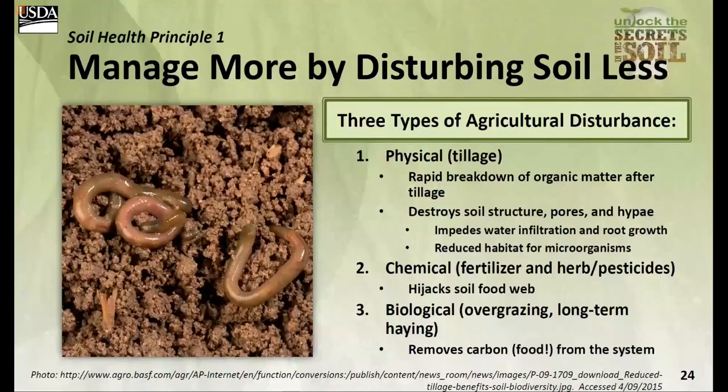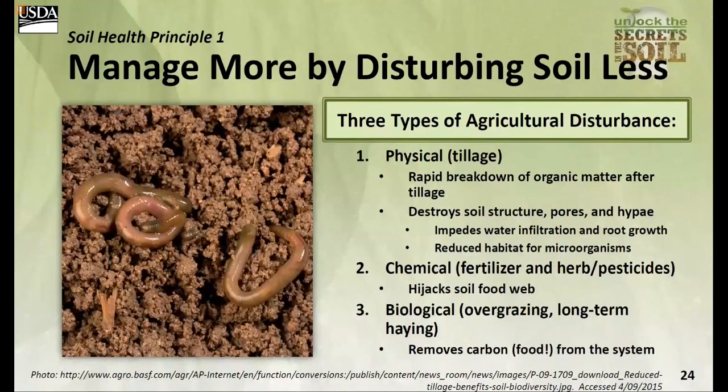So when we talk about disturbing less, we're talking about three different types of agricultural disturbance, because it's not just tillage. That's obvious. You know, it's ripping up the soil ecosystem. It's getting all this oxygen in there, which promotes breaking down the organic matter, which releases fabulous nutrients, but that's not sustainable, because then we need to fertilize, then we need to add all these things.